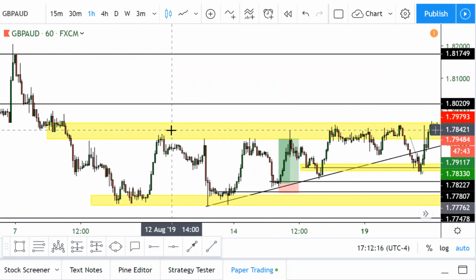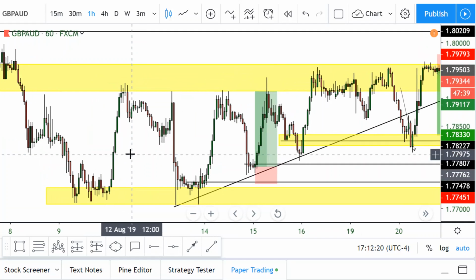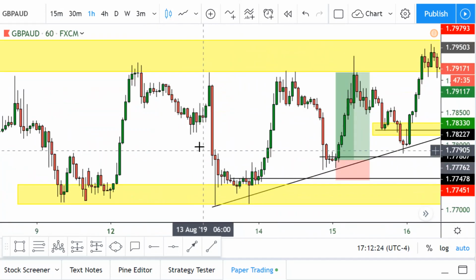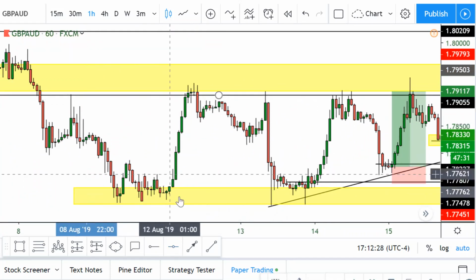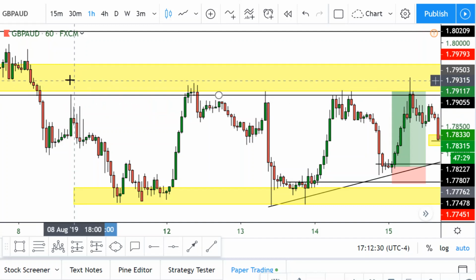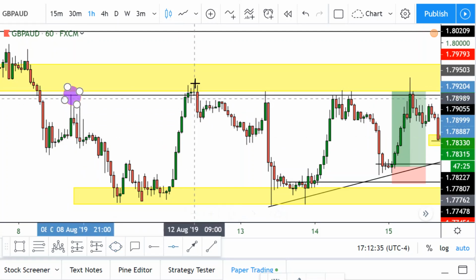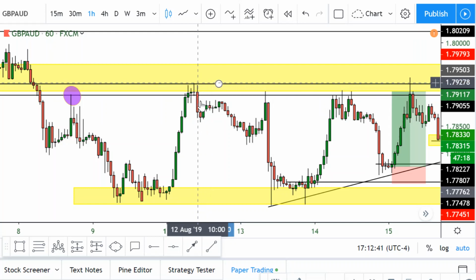That is pretty much it for zones. Also, the reason why we draw zones is because if you don't know where to place the line, for example, there's one over here, one over here, and then there's also one over here. So your resistance breaks, however, it finds the next resistance over here and it falls.